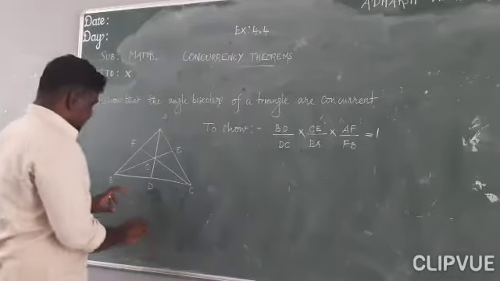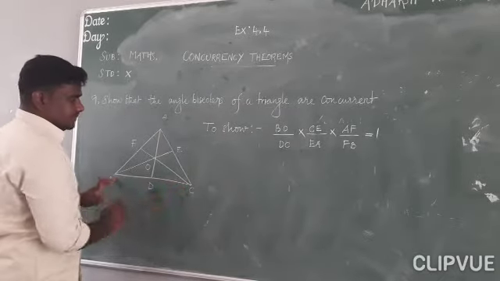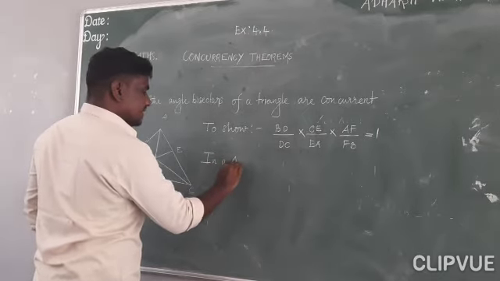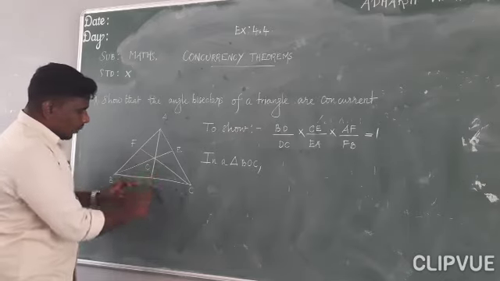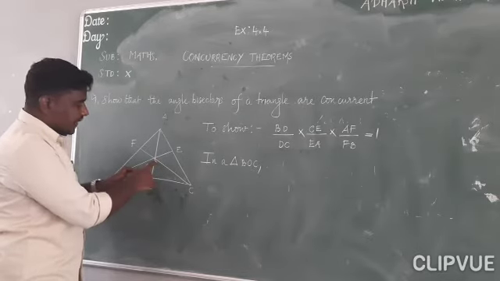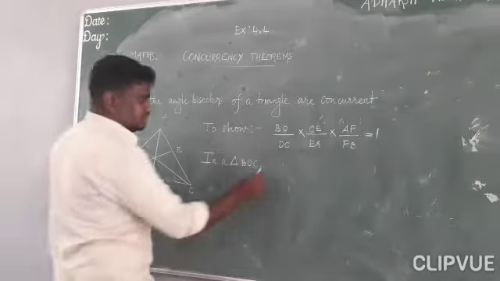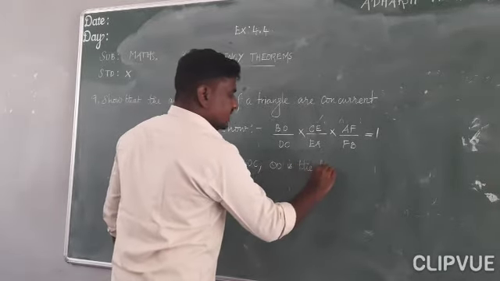Right. So first, in triangle BOC, I am going to take this OD. This O is the point of concurrency and OD is the bisector.